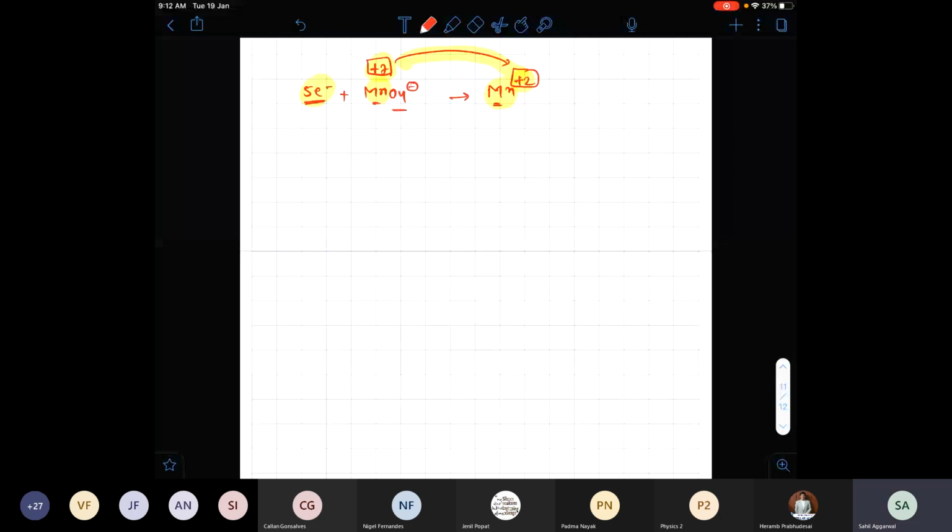And how many oxygen on this side? 0. So add 4 water. So oxygen gets balanced. Now on the right hand side we have 8 hydrogen. On the left hand side we have 0 hydrogen. So add 8 hydrogens on this side. That is it.